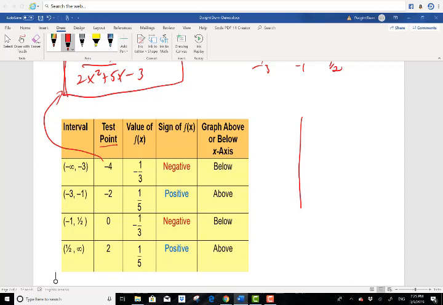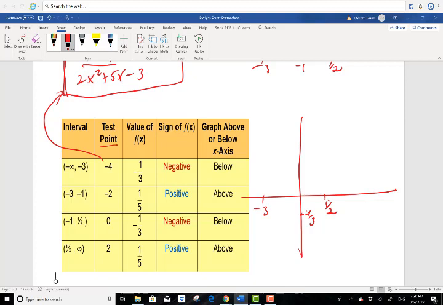So to make a rough sketch, the first thing we're going to do now is put our vertical asymptotes in. The vertical asymptotes that we identified were -3 and a half. The y-intercept we identified before was -1/3. So we put that in.